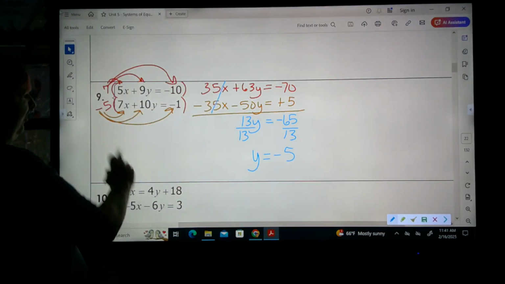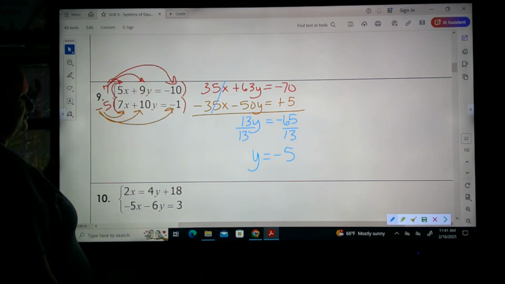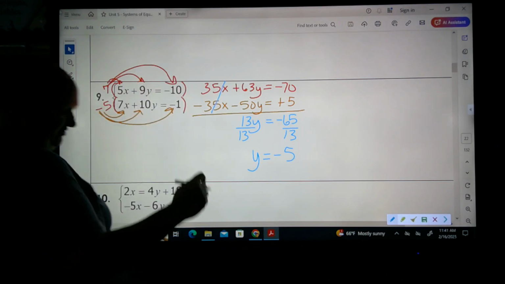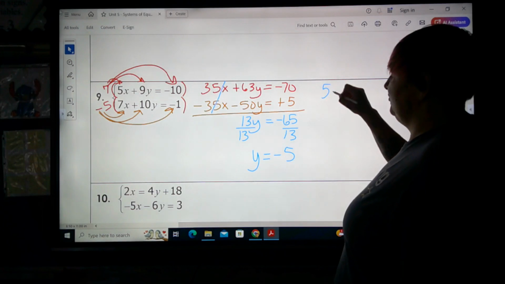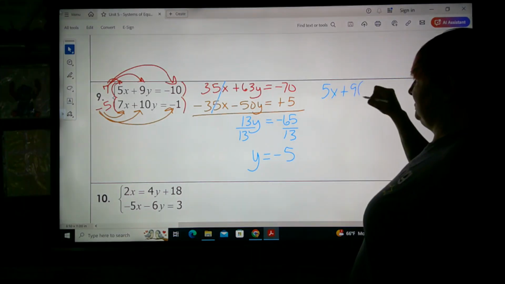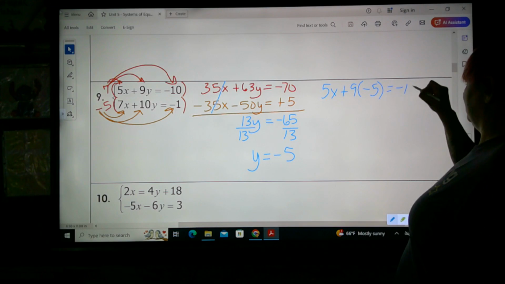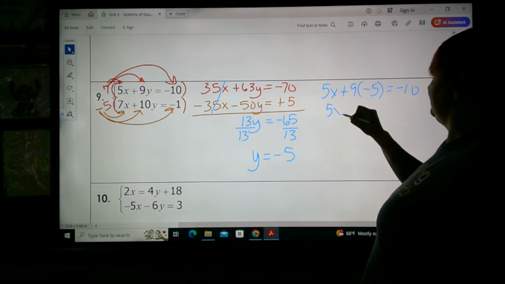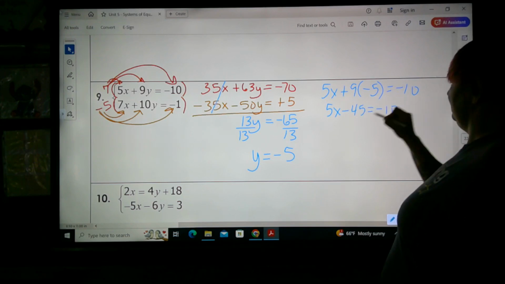Now that I know my y, I can use either of those numbers. I'm going to use the first equation. I was telling the truth when I said that most of the time the first equation is the easiest. Not always, but most of the time. Alright, 5x minus 45 equals negative 10.